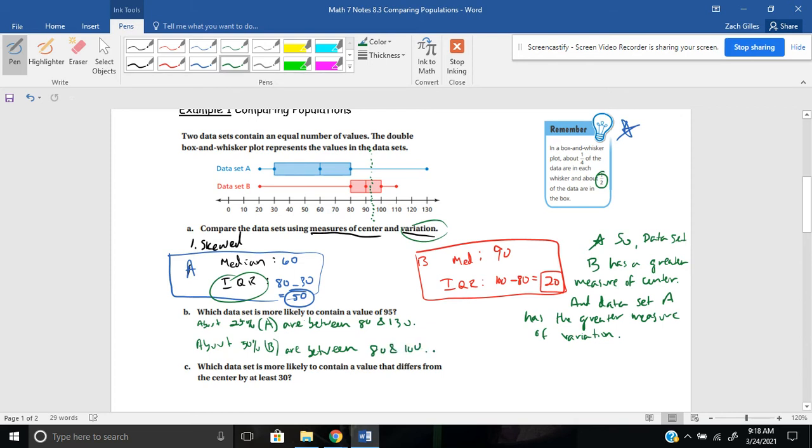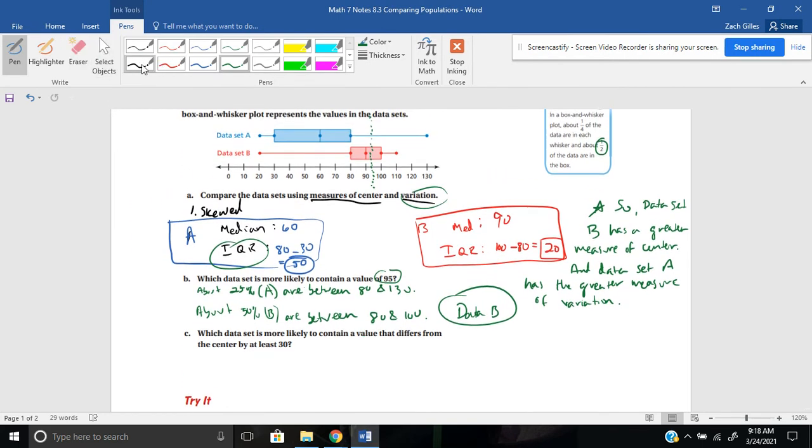So which one of these is more likely to contain the value of 95? Well, this only represents 25% of the data. This represents 50% of the data. You can see our box is inside where that 95 passes through. So data B is definitely more likely to contain a value of 95 because 50% of our data is in there and only 25% in this whisker for data set A.